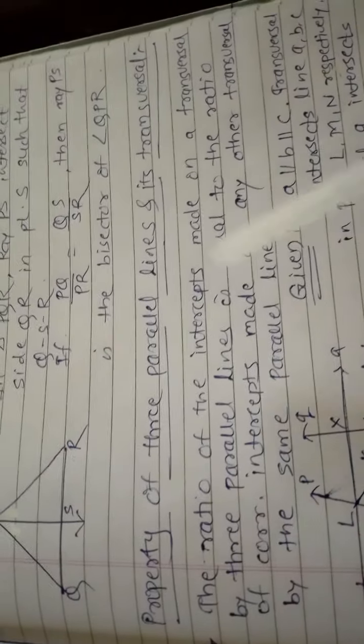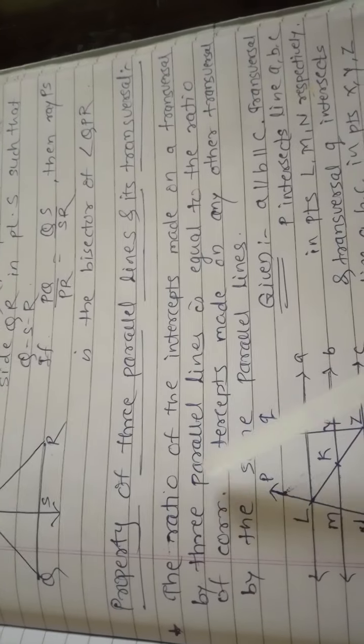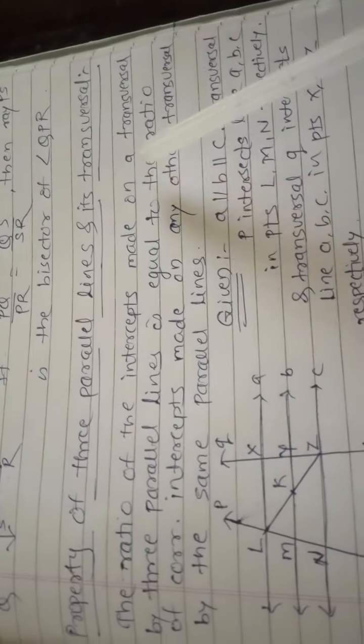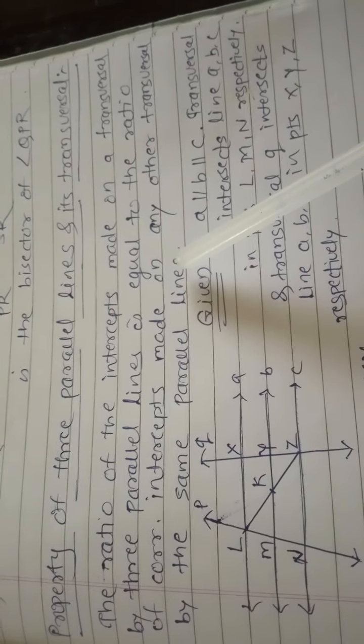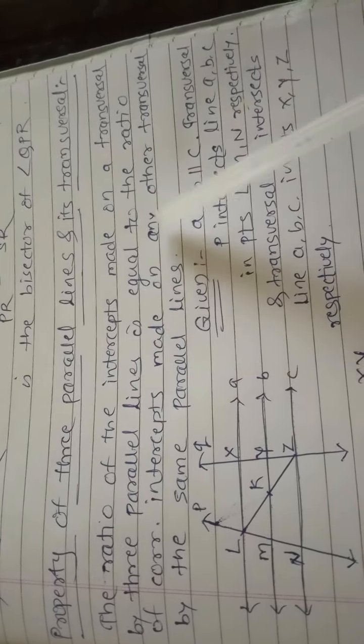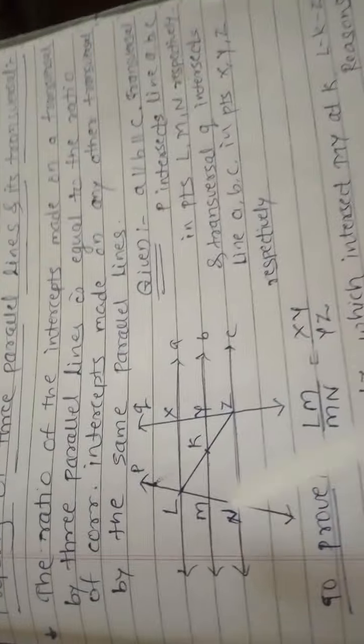Next, the property of three parallel lines and its transversal. The ratio of the intercepts made on a transversal by three parallel lines is equal to the ratio of corresponding intercepts made on any other transversal by the same parallel lines. So what actually do we have to prove?